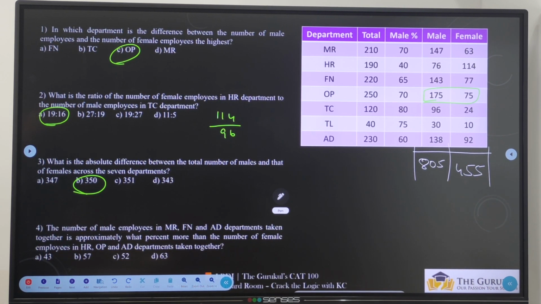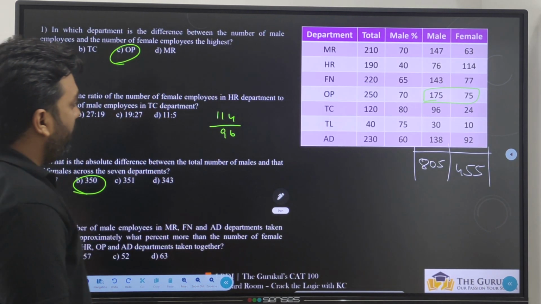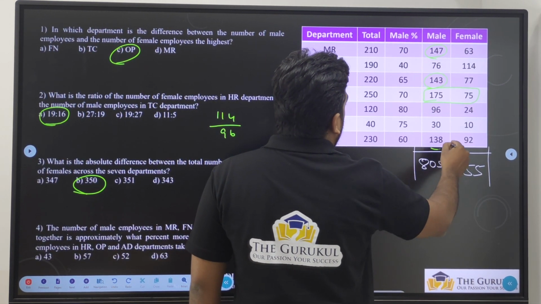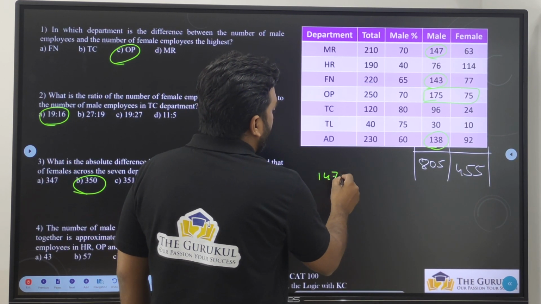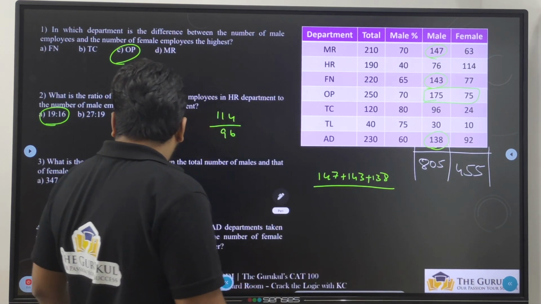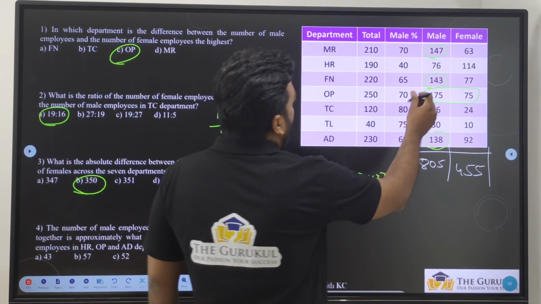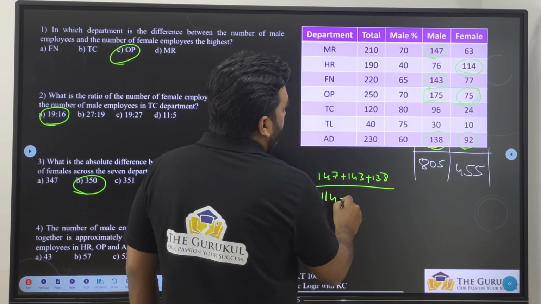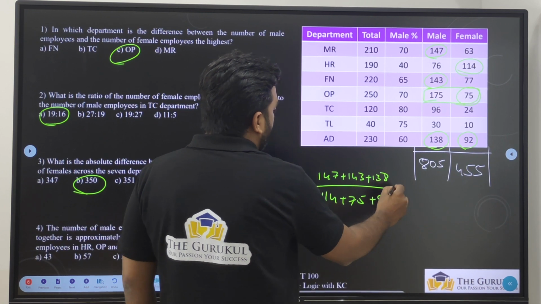The number of male employees in MR, FN and AD departments taken together is approximately what percentage more than the number of female employees in HR, OP and AD departments taken together? MR, FN and AD, which is 147 plus 143 plus 138, by HR, OP, AD, that is 114 plus 75 plus 92.